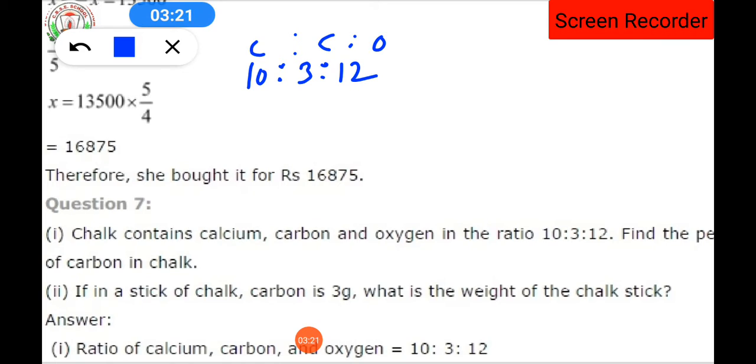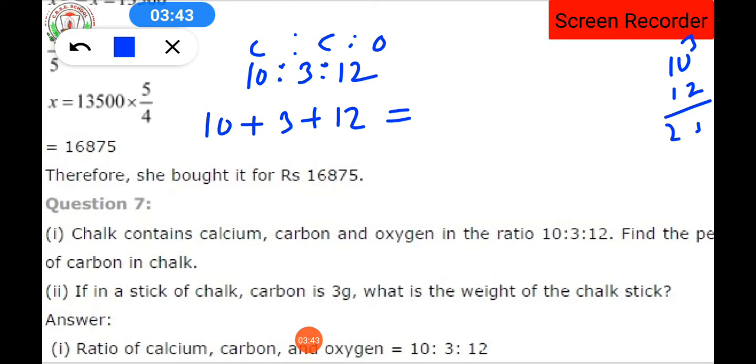So for that, first in order to get the total ratio, we are going to add all the three substances' ratio forms. So 10 plus 3 plus 12. Here 10 plus 12 plus 3, so 1, 2, 3, 4, 5, it will be 25.